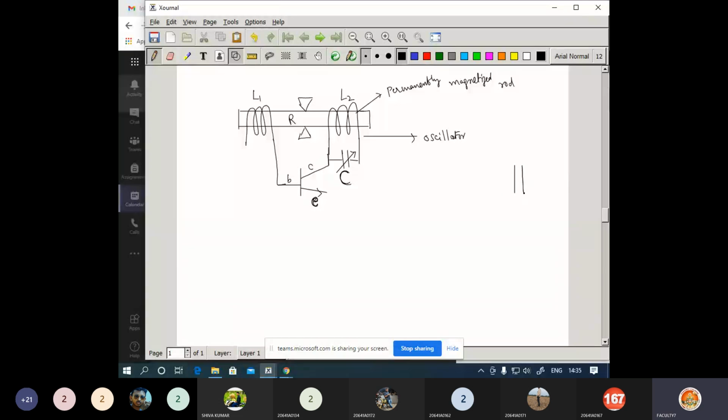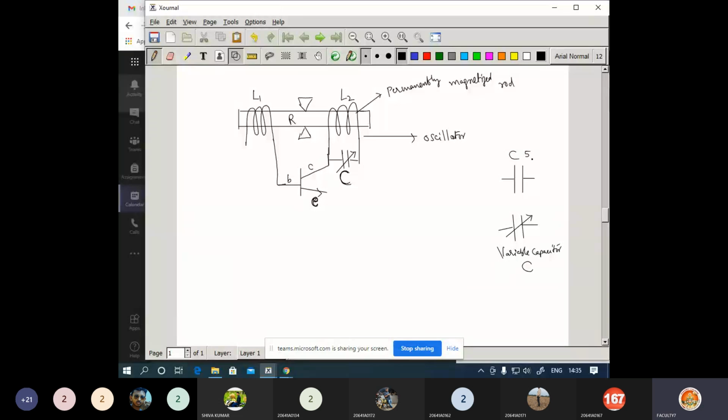So here if I draw only two parallel lines, it is a capacitor. And here if I mark an arrow mark like this, it is a variable capacitor. What is the meaning here?